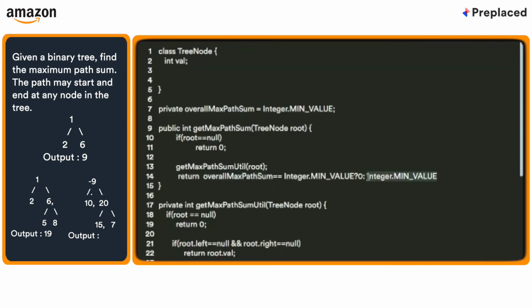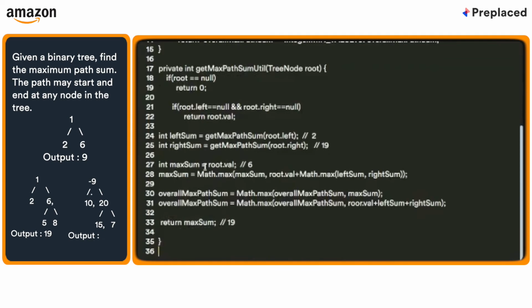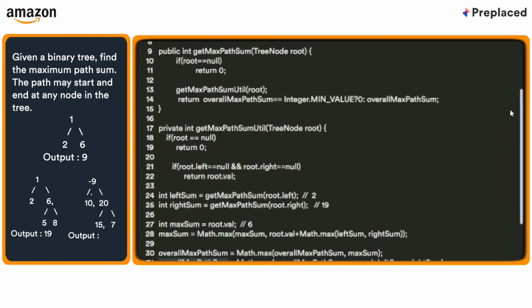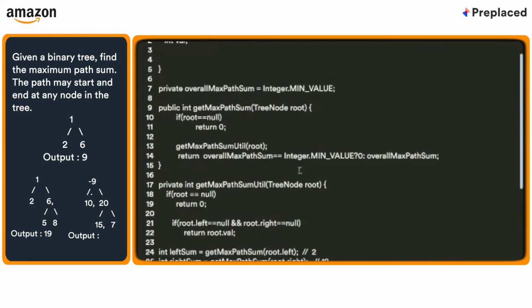At each individual node level, I have to return the max path sum, which is either this node, or this plus left, or this plus right. But the overall max path could also be this path, 5, 6, 8. So for that I need a global variable, which will consist of the answer. If it is still not filled for some reason, I'll return 0. Otherwise, I'll return this global variable.